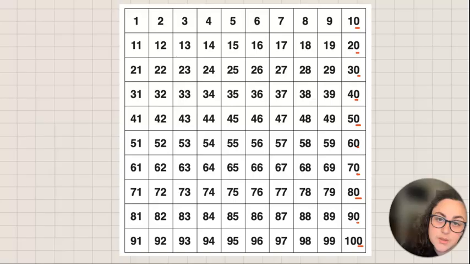16 has 6 ones, 17 has 7 ones, 18 has 8 ones, 19 has 9 ones. And then it's often the trickiest, I find, to go from some number of tens and 9 ones to the next number. So when you say something with the 9, you have to think, okay, 19. 19 has 1 ten.